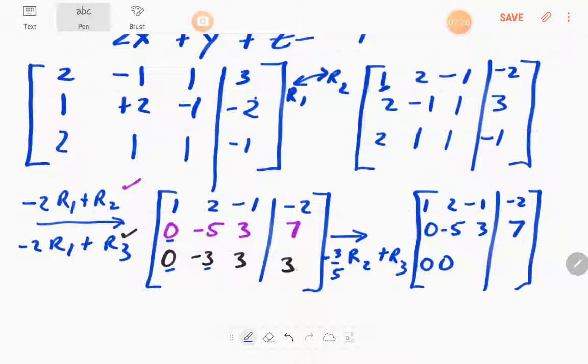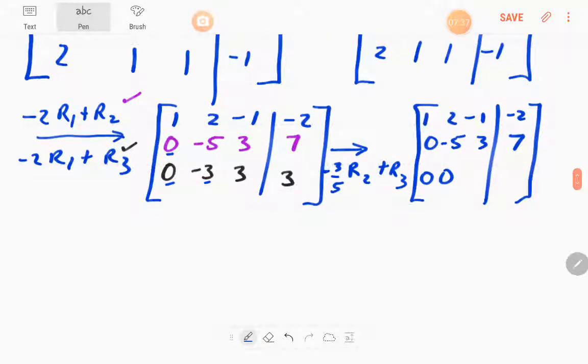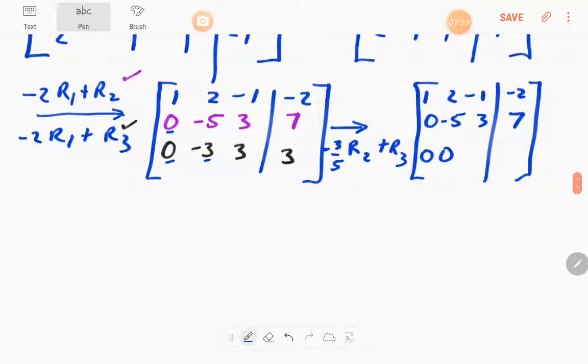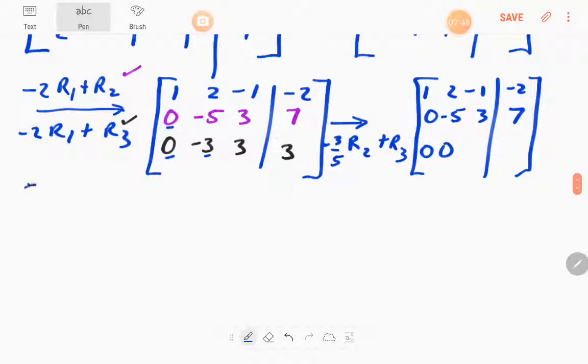Minus 3/5 times plus 3 becomes minus 9 over 5. And minus 9 over 5 plus 3 will give us, 3 could be represented as 15 over 5, so we have 6 over 5.